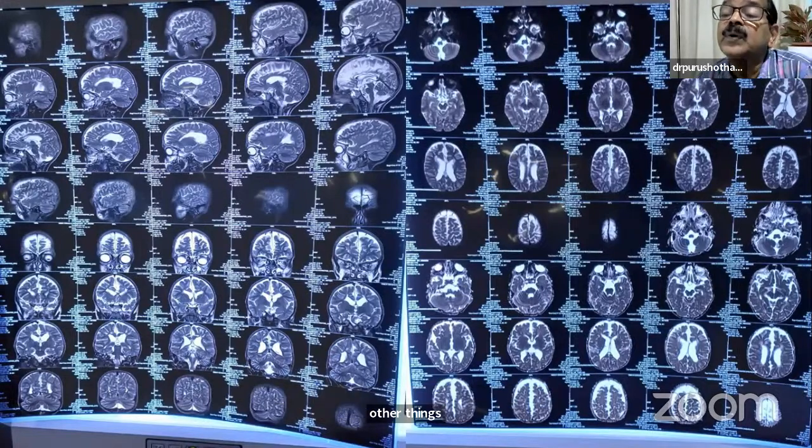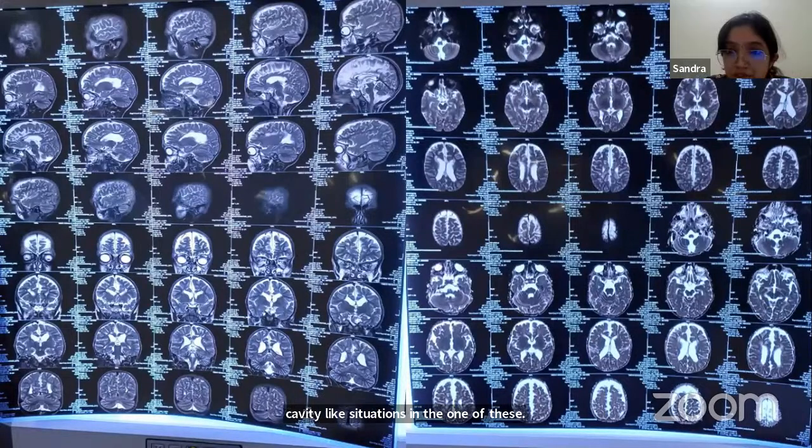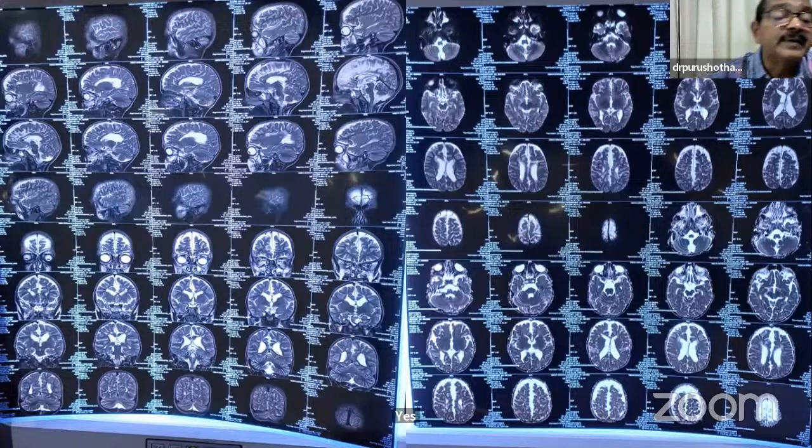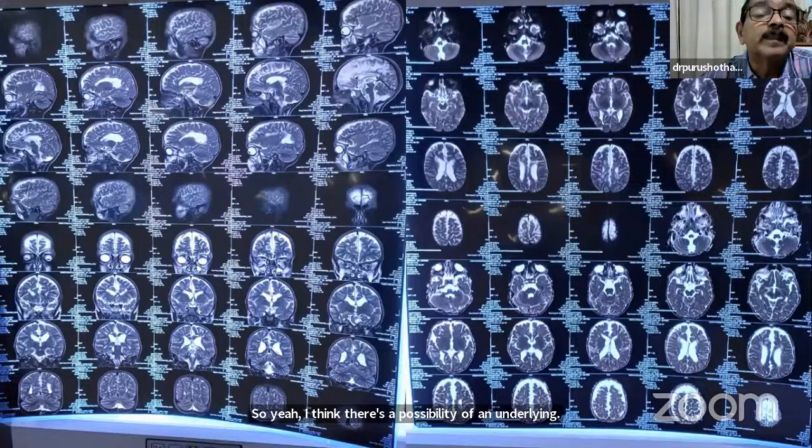I have also seen a few small cavity-like areas in the front part, near the frontal horns, a little bit of cavitation. So there is a possibility of an underlying migration disorder in this case, like the corpus callosum thinness, apart from the features of general atrophy.